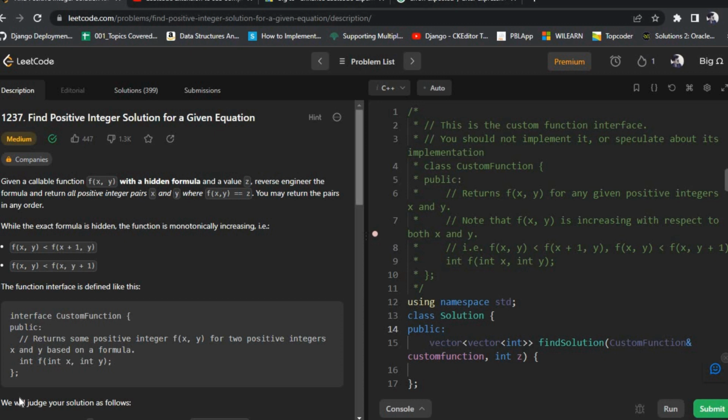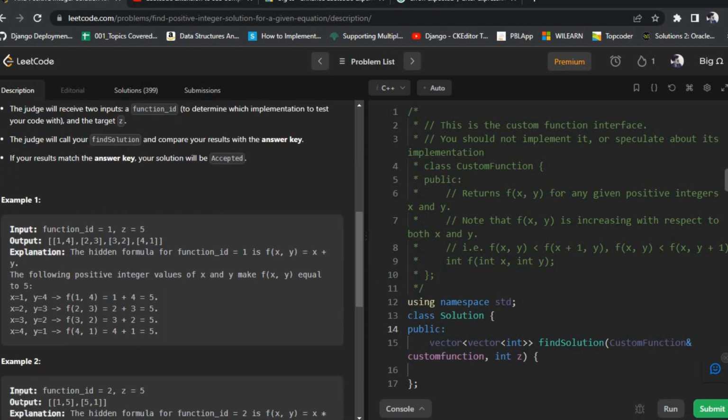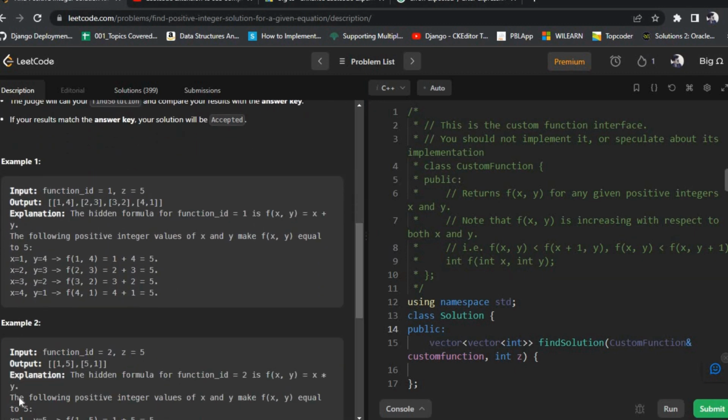Let's see what the explanation of this is. So here we have function id. We don't know which formula is used in the function. The function id is 1 and the target value is 5.